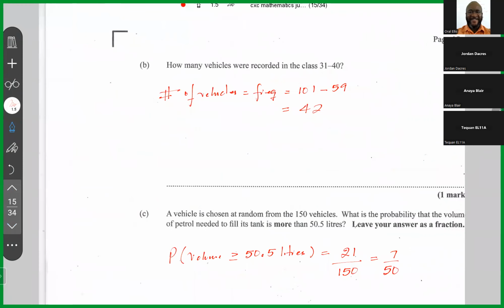So let's draw our histogram. Remember, you need to use your ruler and draw straight lines. The technology allows me to draw straight lines without a ruler. So that's the first part. Come across.